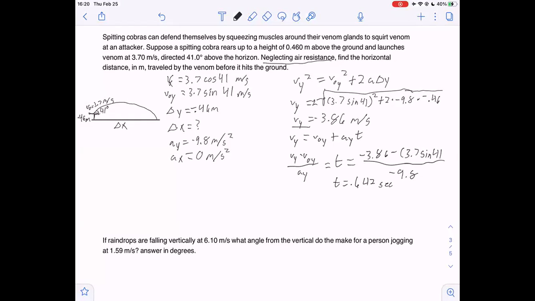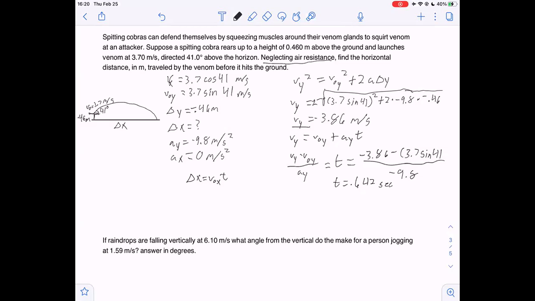Okay, now what? So the next equation we're going to use is really the only equation you can use for the x direction: delta x is equal to V naught of x, or V of x, it doesn't really matter if you have that naught there or not, times t.